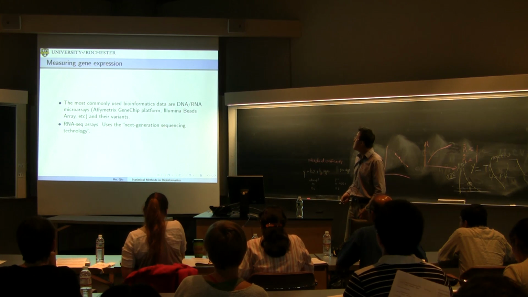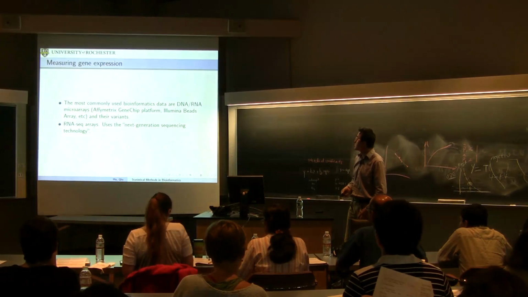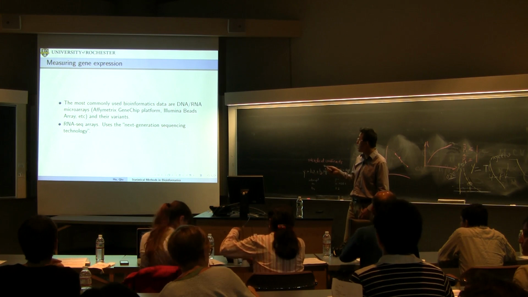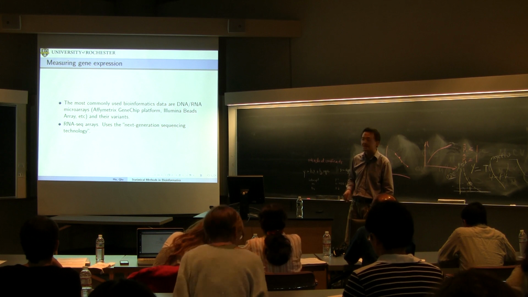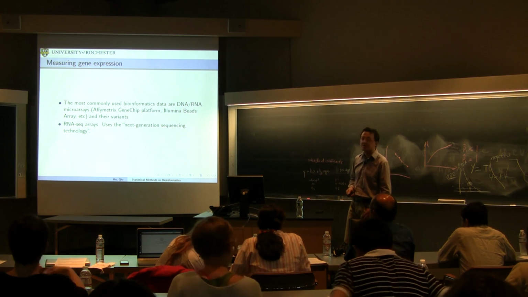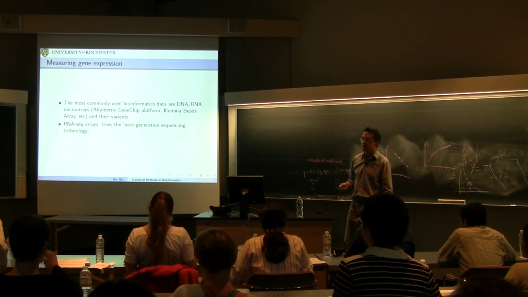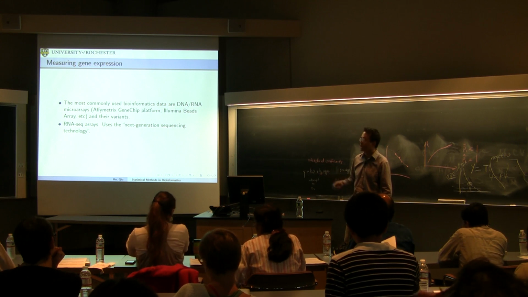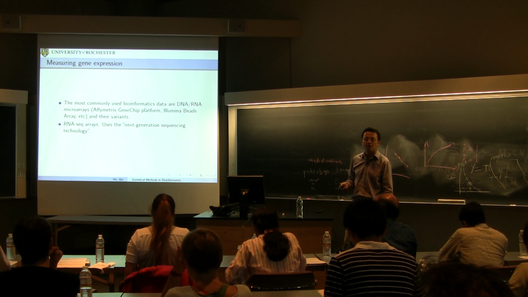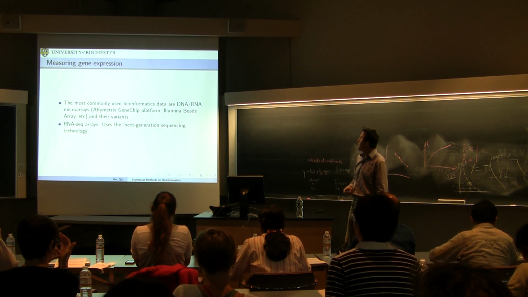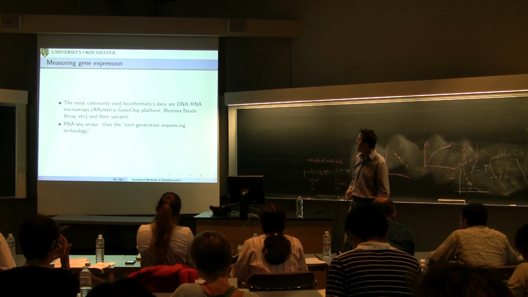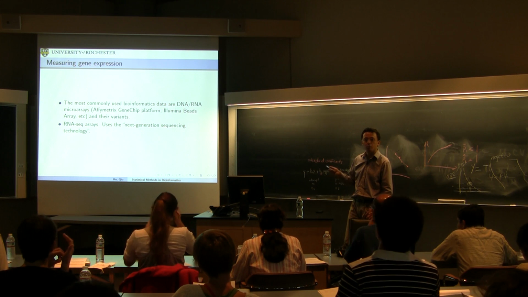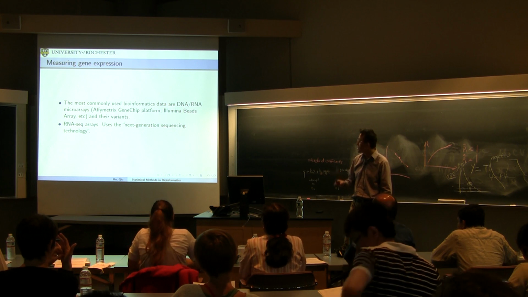Okay, so first is to generate the gene expression data. There are many ways. The most popular way in the past 10 years is the so-called microarray technology. In the late 90s, people started to use this technology to measure gene expression data. There are different platforms, as you can see here, Affymetrix, Illumina, but it doesn't matter. Eventually, they will provide you with the gene expression data.